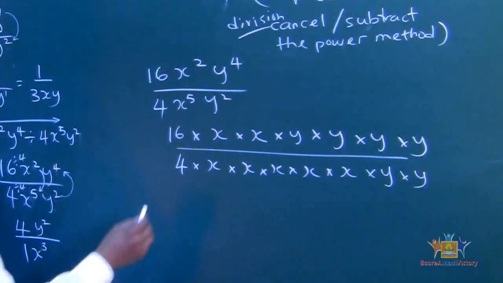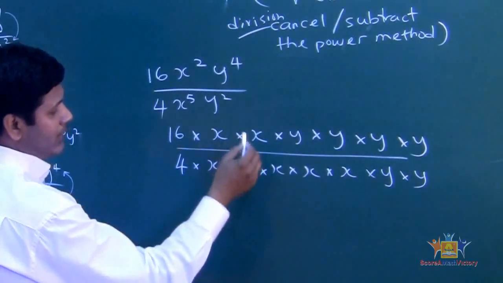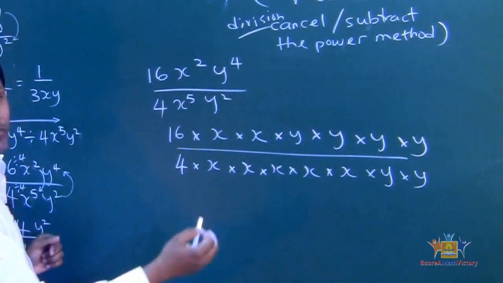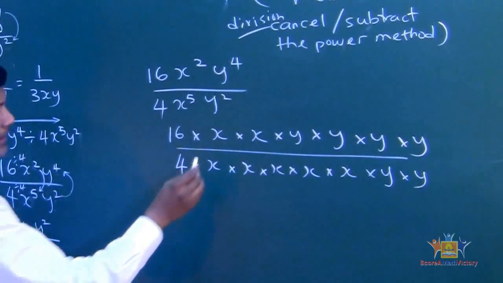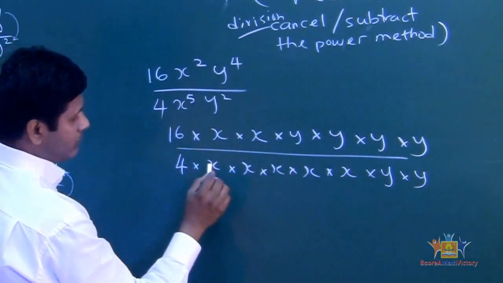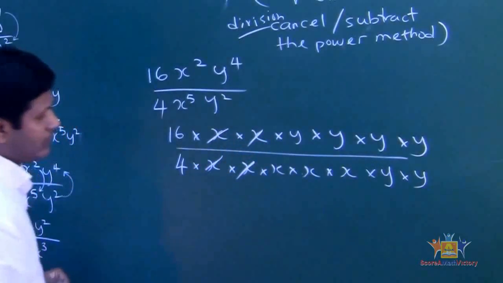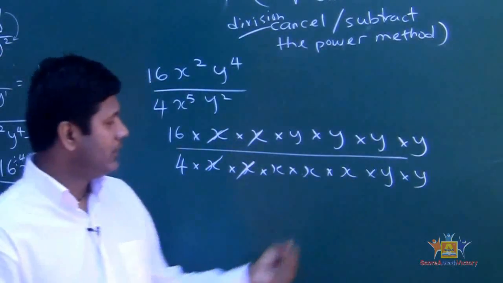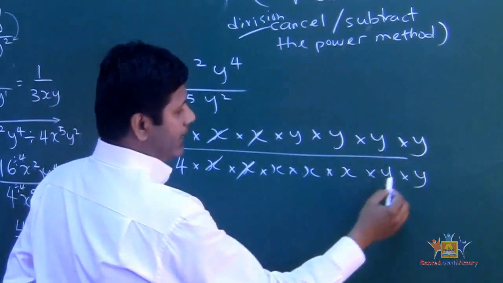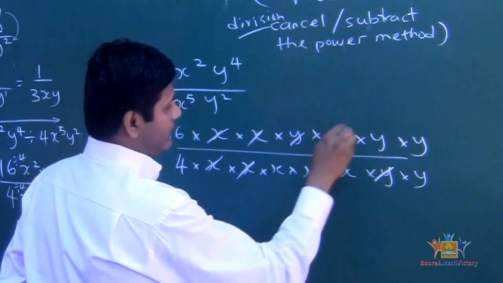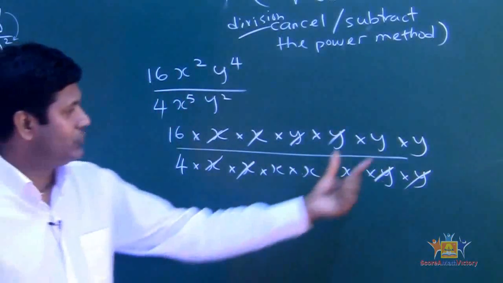Now look, we're going to cancel according to the number of x available and number of y available on either side. In this I got 2 x's, this one I got 5, but I can only cancel 2. Left is 3. In this one, I got 4 y's and I only got 2 to cancel with. So I only cancel 2 and left is 2.